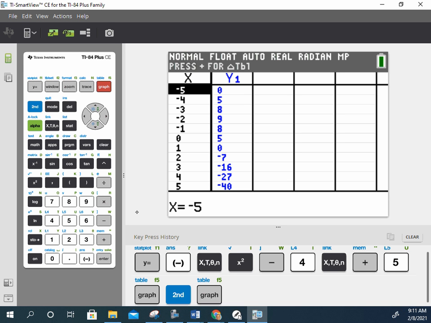There's your vertex. So you're taking 2 numbers above it, 2 numbers below it. So you've got -4, 5. -3 is aligned with 8. -1 with 8. And 0 with 5.